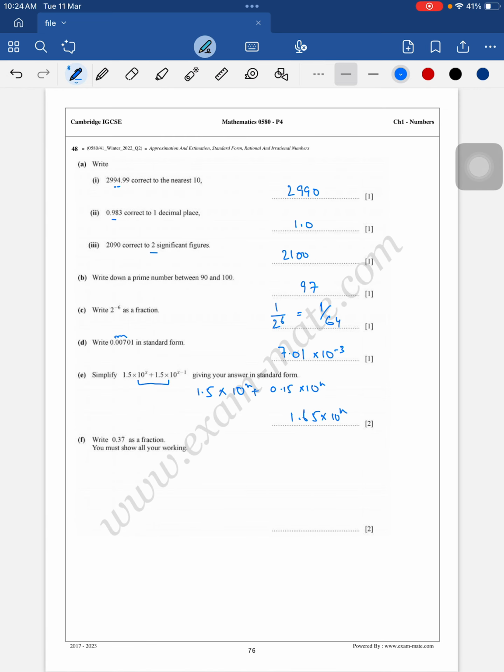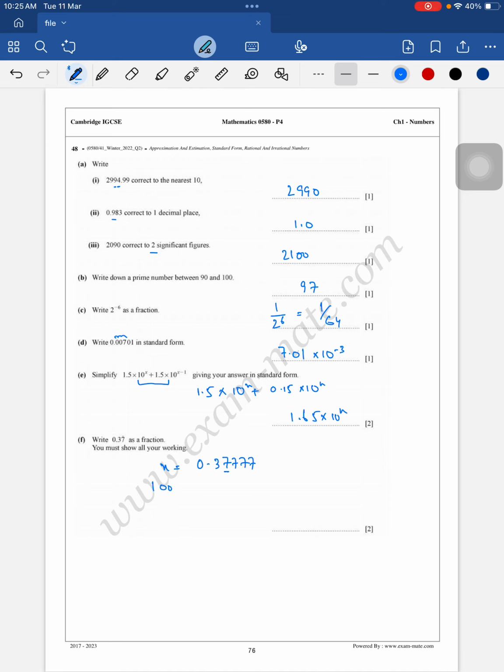Okay, now here we can see that the question contains one non-repeated and one repeated digit, right? So x is equal to 0.37777, right? And the repetition starts from the hundredths place here.